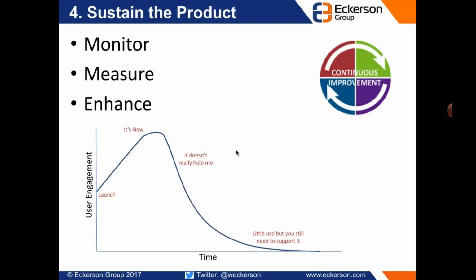So just because you have an initial surge of interest and usage doesn't mean it's going to stay that way. So make sure you monitor continuously and get feedback from users, from the sales team, from the forums, and continuously enhance this product to make sure it's going to meet the goals that you set forth right at the beginning.